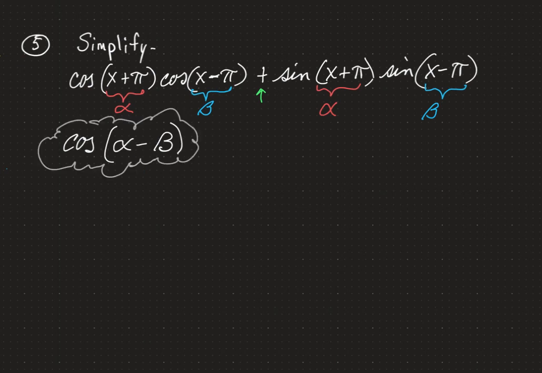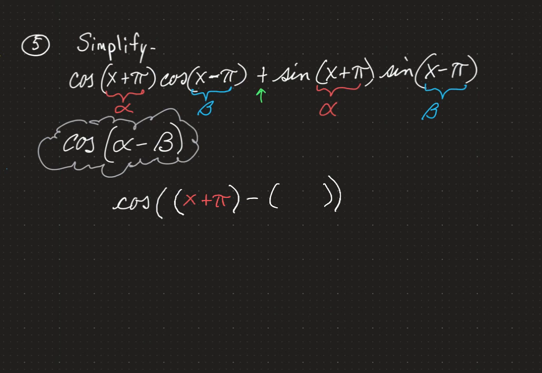So this is the pattern that I'm recognizing, but my actual answer is going to be the cosine of, because my alpha is a binomial, I'm going to put an extra set of parentheses in here so that I don't make a sign error. That's where my alpha goes. I'm substituting for alpha. I'm going to also substitute for beta, and I'm going to close the parentheses for the cosine.